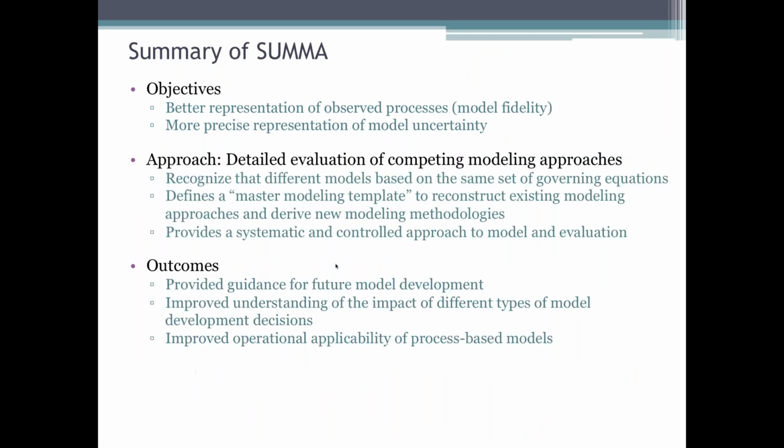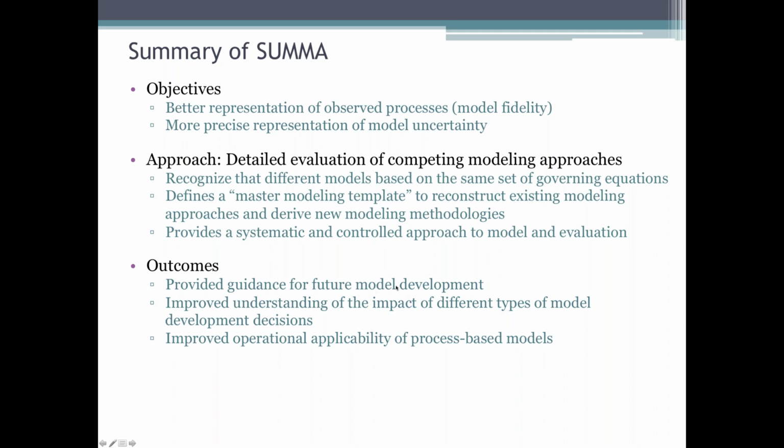So in summary, the objectives were to give a more precise representation of model uncertainty in a solid framework, and give a detailed evaluation of competing modeling approaches, so that you could use this as a modeling template to try to reconstruct existing modeling approaches. You could make SUMMA act like your favorite model, or you could use it to derive a new modeling methodology and directly compare it to something already existing to see if it does better, thus providing a systematic and controlled approach to model evaluation.